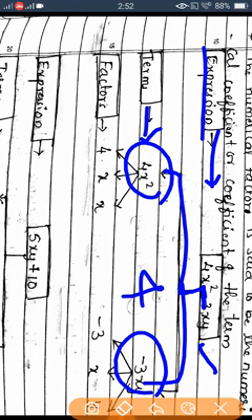In 4x square, the factors are 4 into x into x. Here, minus 3 into x into y.